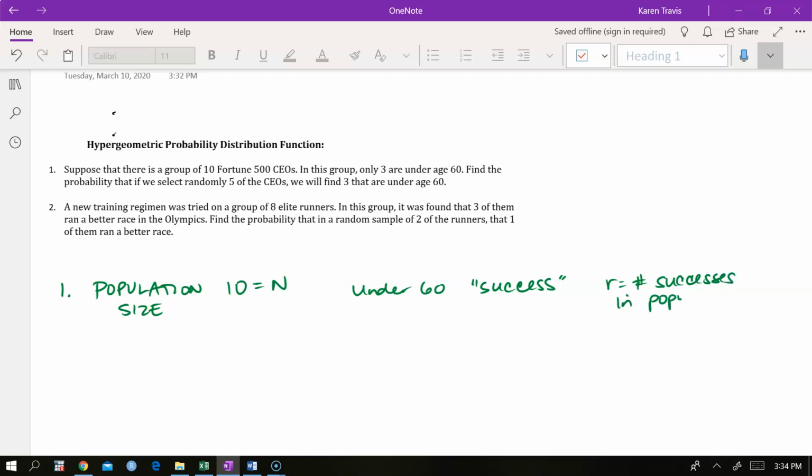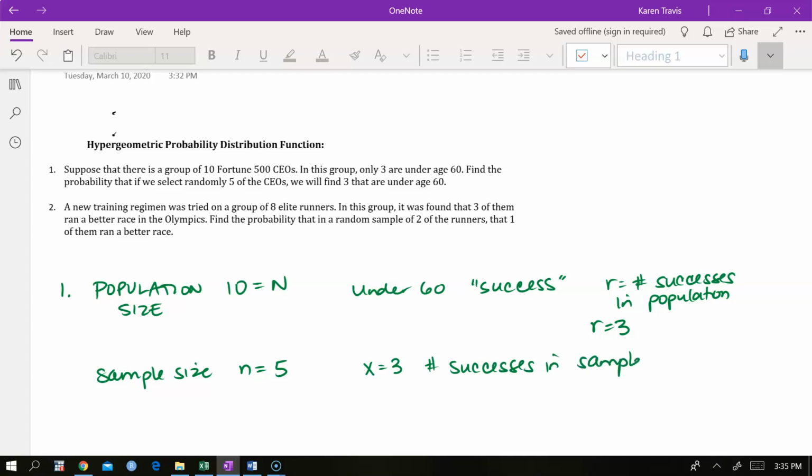Then you look at the sample, and it says we're going to sample 5 of the CEOs, so the sample size is 5, and that's a small n. It also tells us that after we sample them, 3 of them are under age 60, so we're going to use X for the number of successes in the sample.